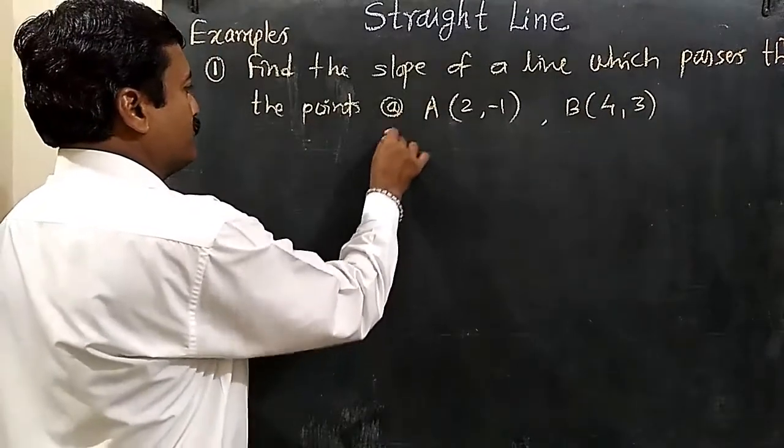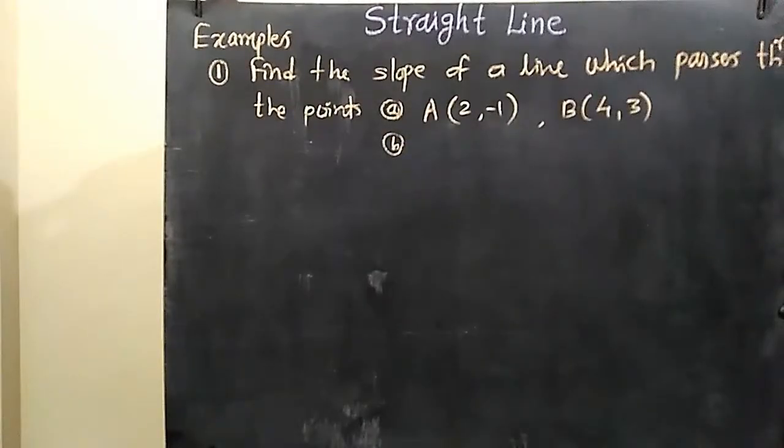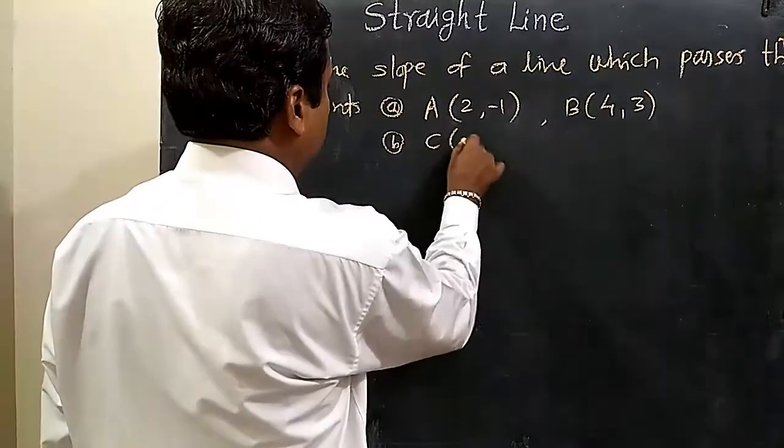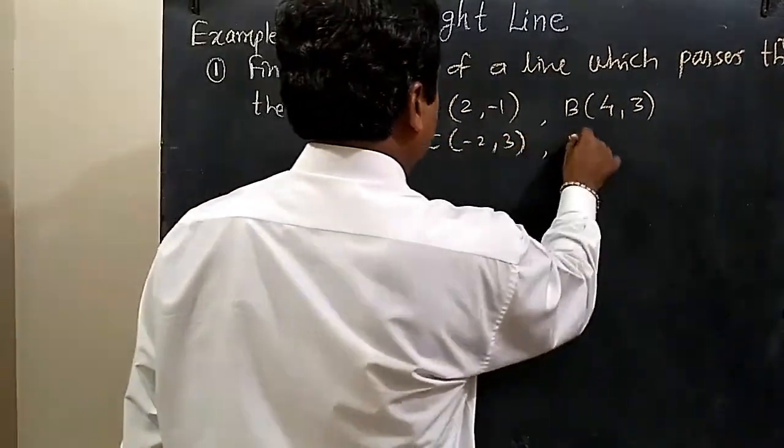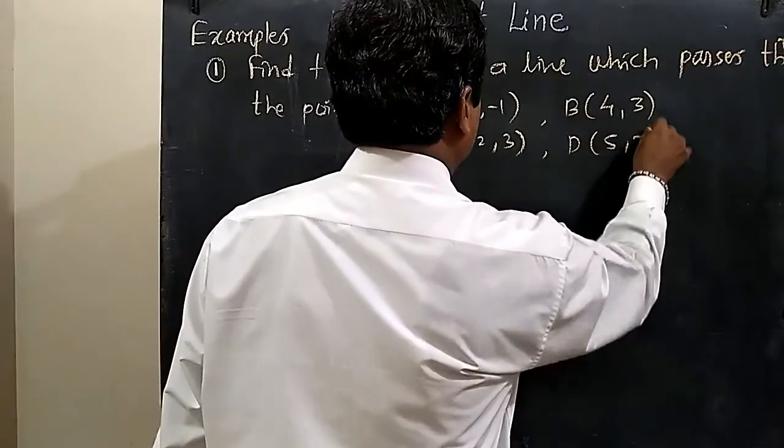And the second part of this example, in which point C is (-2, 3) and D is (5, 7).